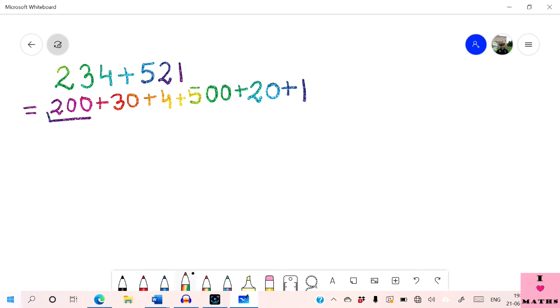Now children, it is very easy to add 200 and 500.